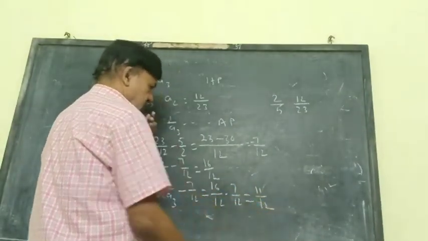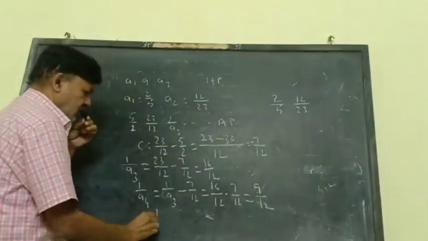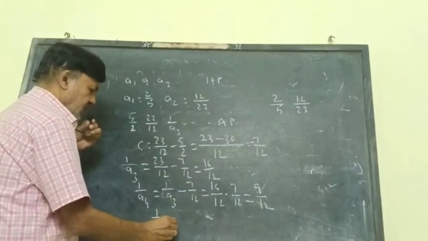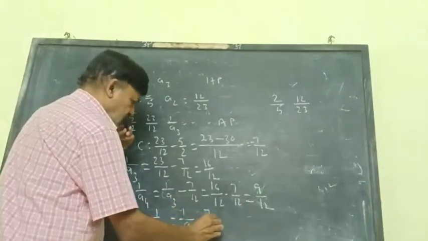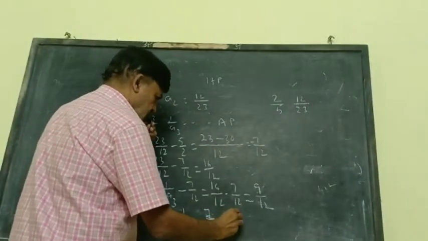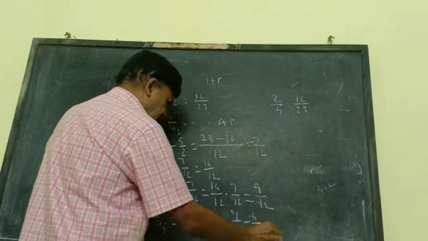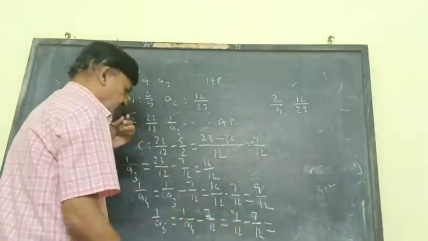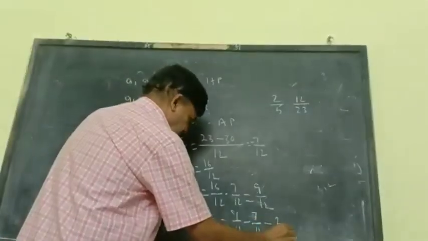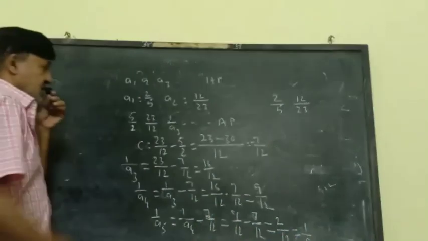Sorry, 9 by 12. 1 by A5 is 1 by A4 minus 7 by 12. So 9 by 12 minus 7 by 12. How much? 2 by 12. 1 by 6.